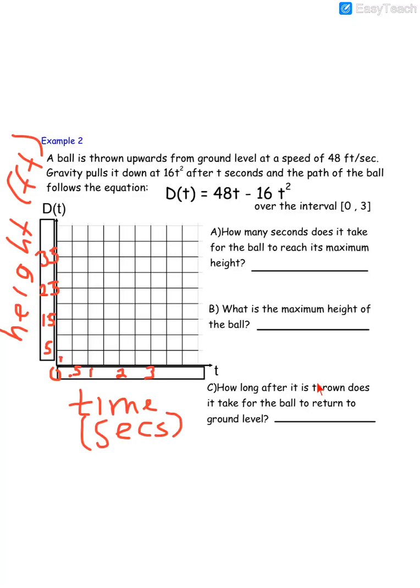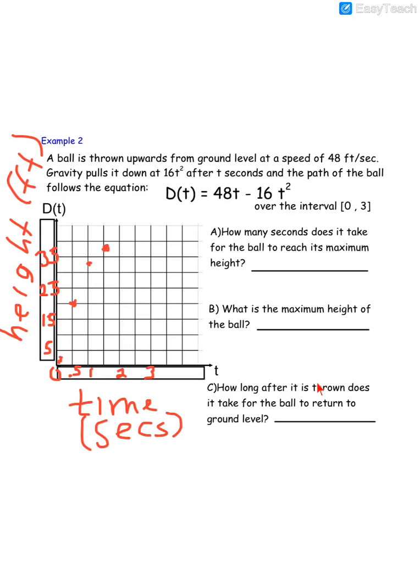So 0, 0. 0.5, 20. So that's going to be there. Again, your graph's going to be much better than mine. 1, 32, so it's a little bit below that. 1.5, 36. So we got to go right up here.